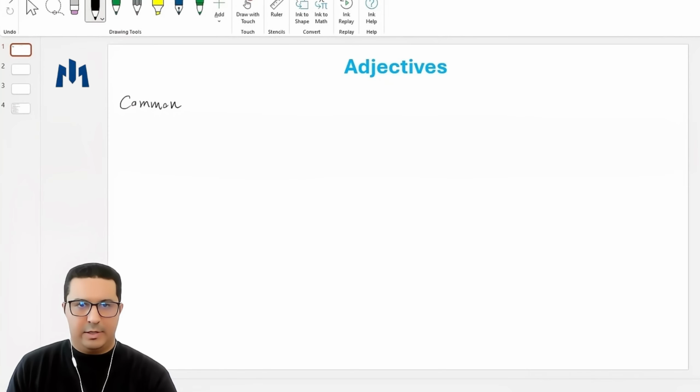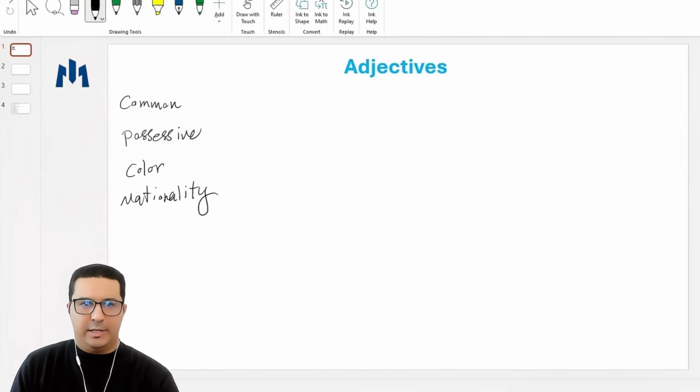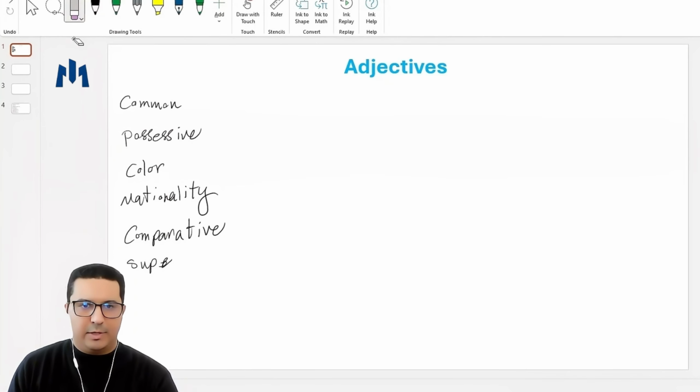Common adjectives. Okay. We have possessive adjectives, color, nationality. We have comparative, sorry, superlative.